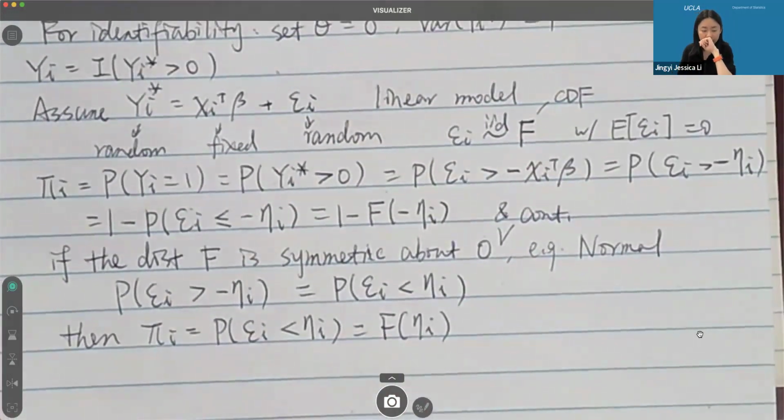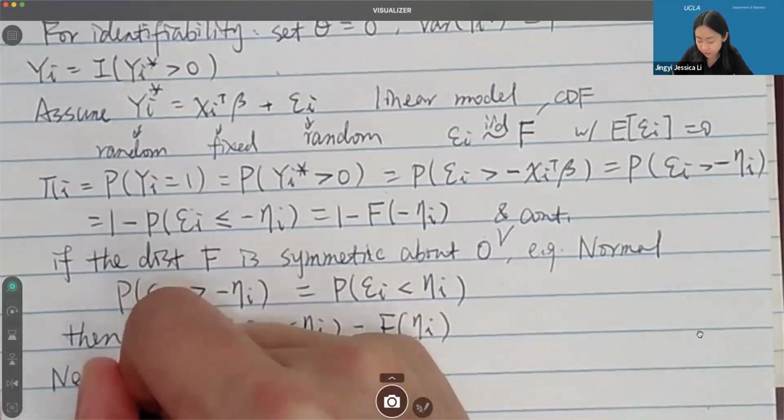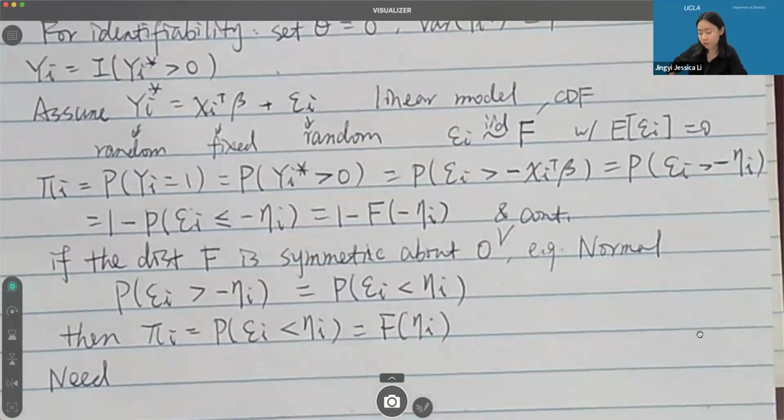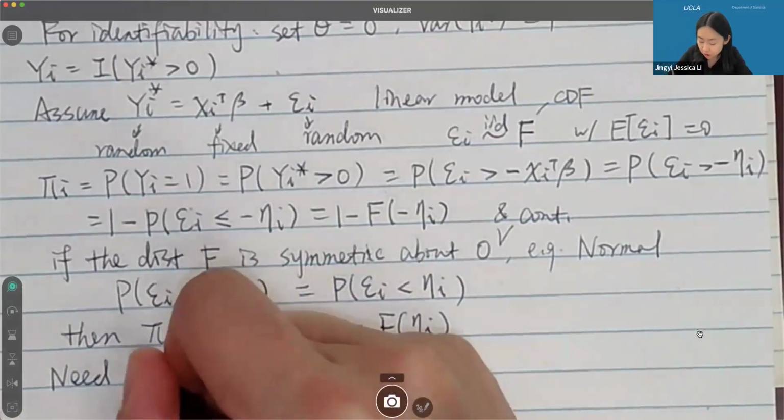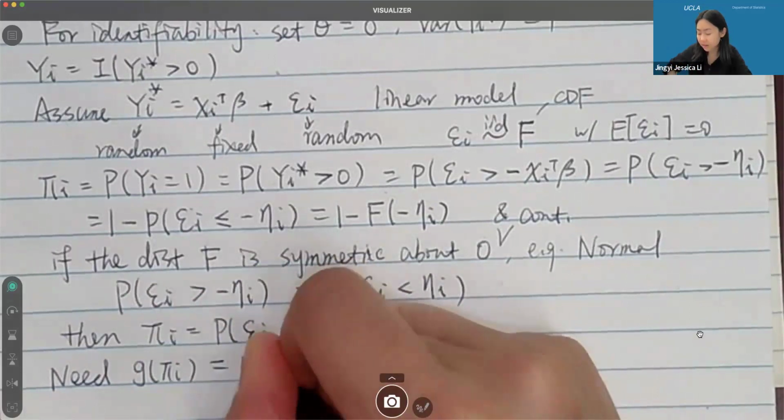So then what do we need? Don't forget that what we need is to discuss the link function. We need G of pi I being eta I, the linear predictor.